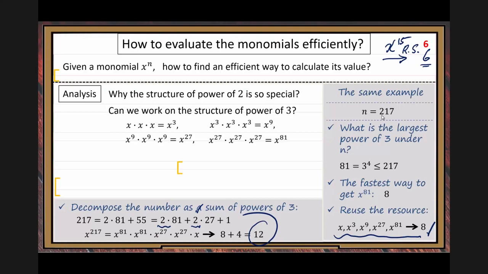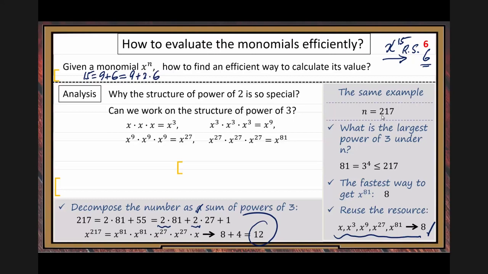Let's try a little bit. 15 equals 9 plus 6, because 6 equals 2 times 3.